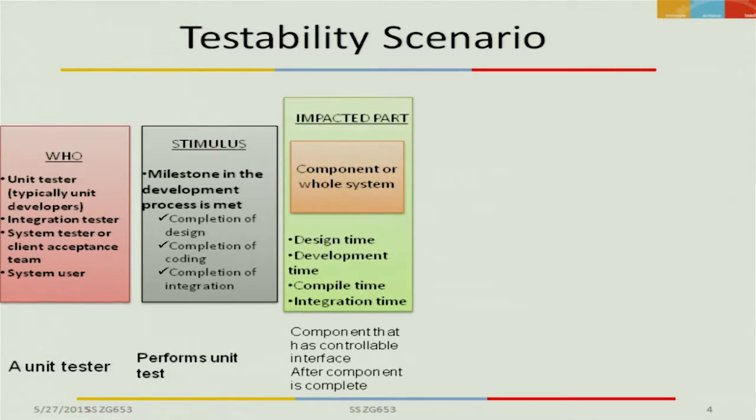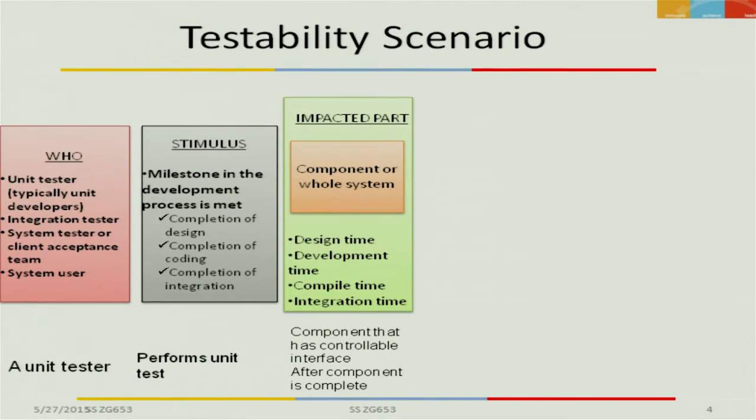So what happens in the impacted part? This stimulus, which is basically a requirement for testing, or someone wants to test it, can definitely impact a component or the whole system. It can be impacted during design time, or development time, or compile time, or even integration time.